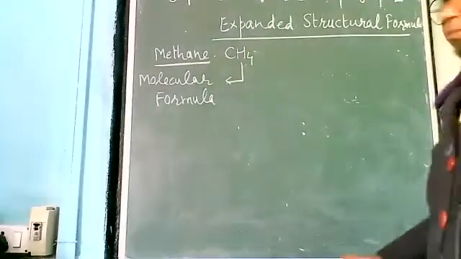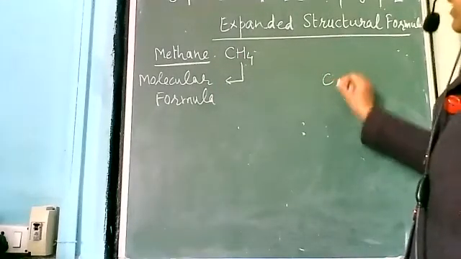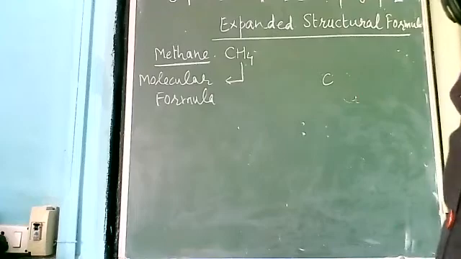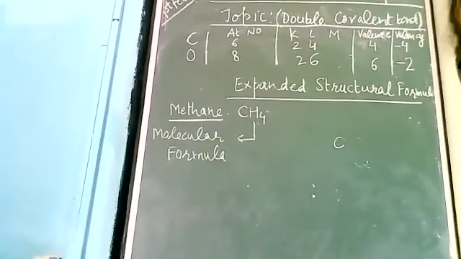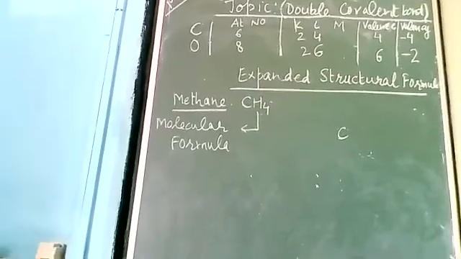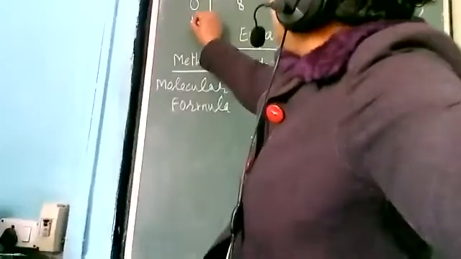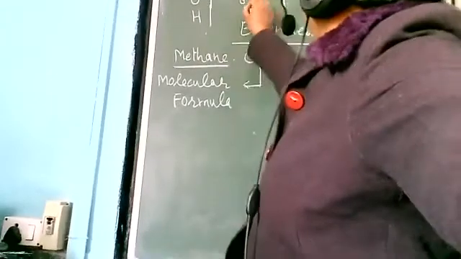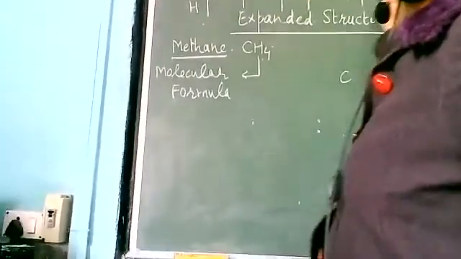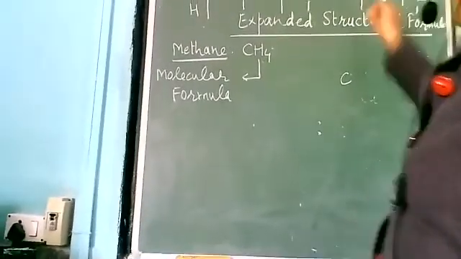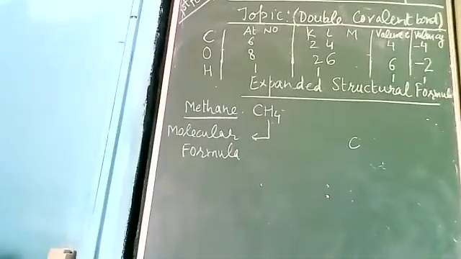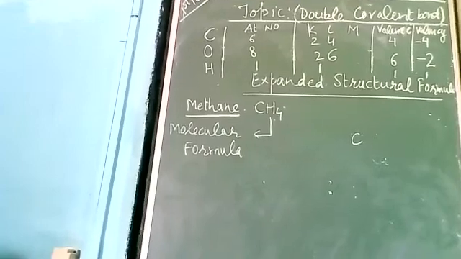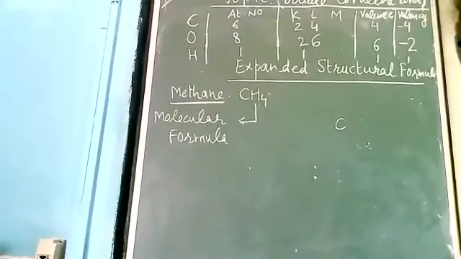Very good. So how many valence electrons are there in carbon? Four. And how many valence electrons does hydrogen have? One. We have done it last time also. Only one electron is there, so valence electron is one, valency also one. So how many hydrogen atoms are combined with one carbon atom?